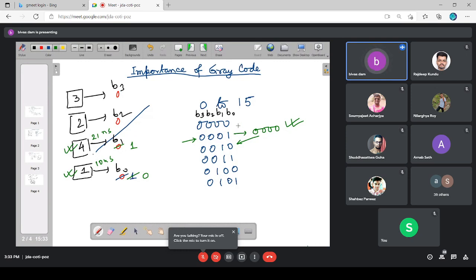And after a further 11 nanosecond, I'll get this 0, 0, 1, 0 pattern. Have you got the point?